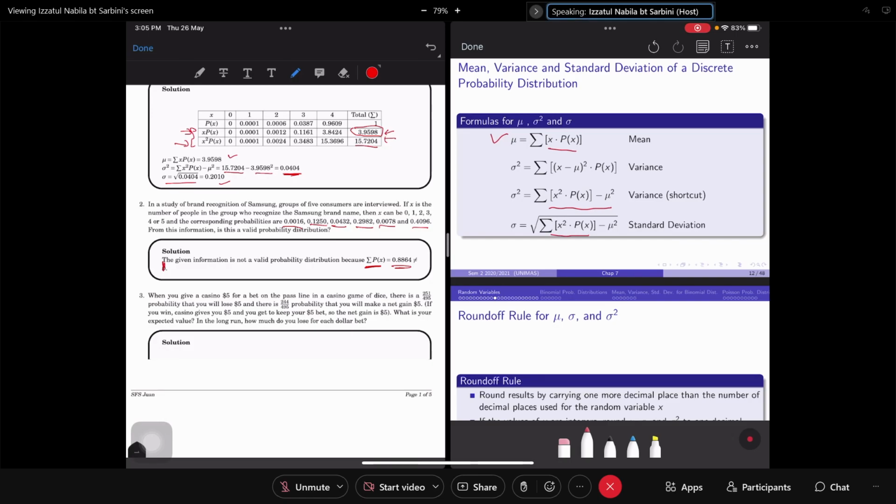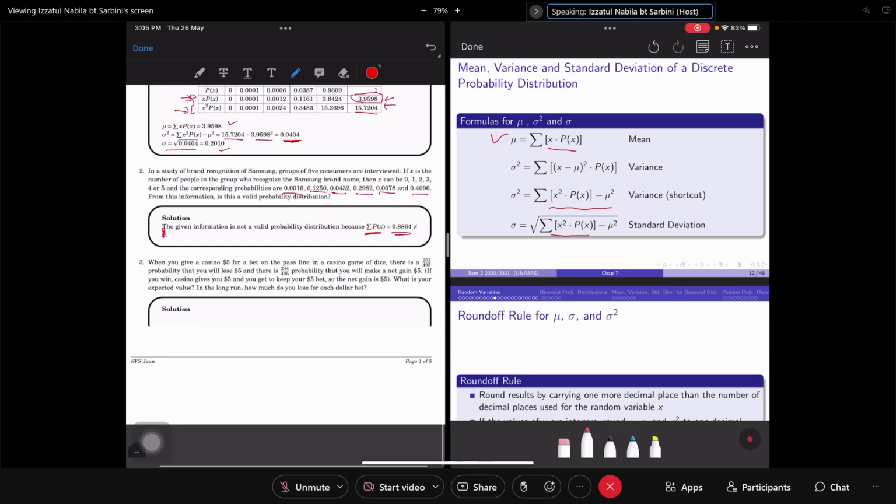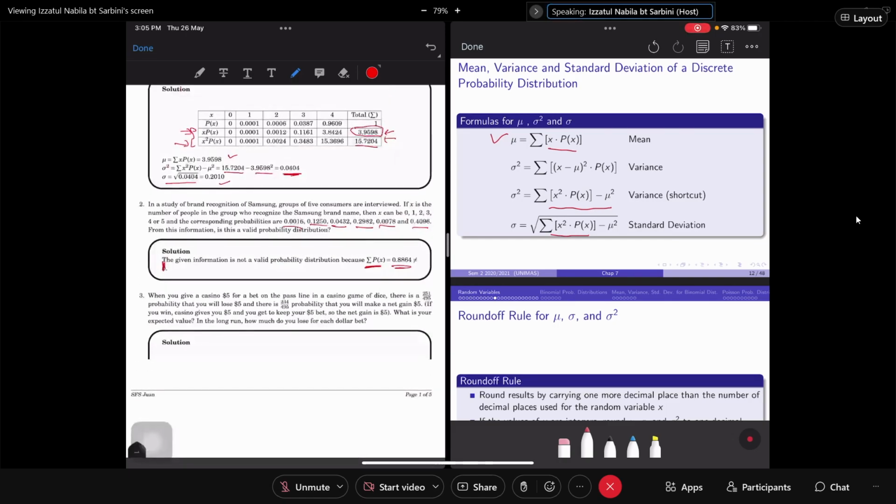Supposedly the summation of probabilities has to be equal to 1. So in this case, it is not a valid probability distribution. Okay, so far? Questions 1 and 2, okay.